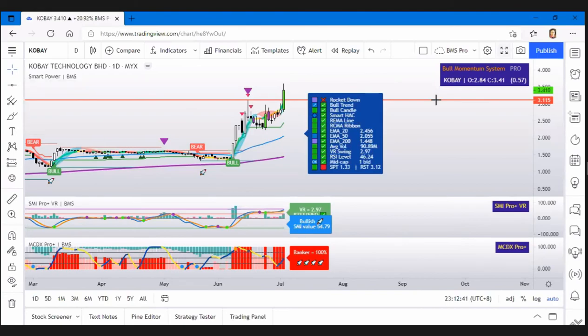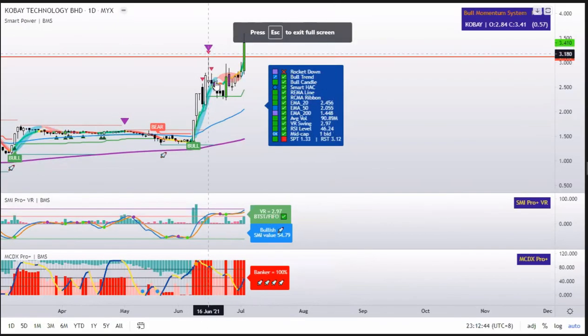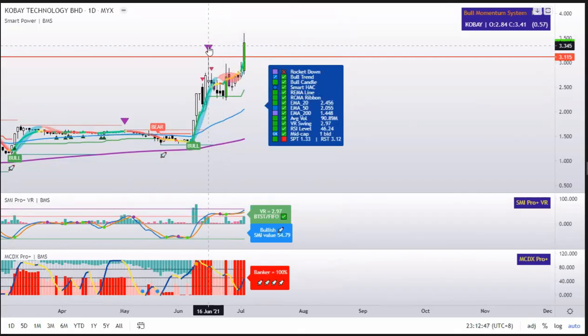Now Kobe, you see the purple triangle appear and then the price pulls back. It pulled back and hit the support of this bull line, the green line here, and then it rebounded. Then it broke out of the red ribbon and this red line. Last Friday it broke out.